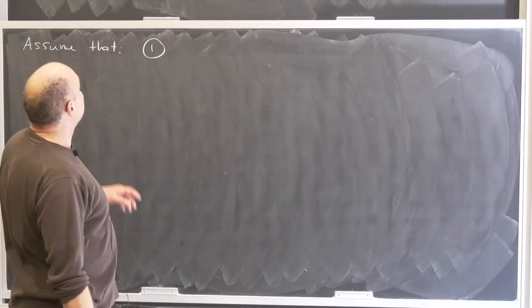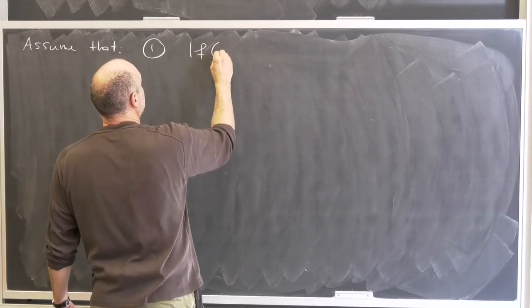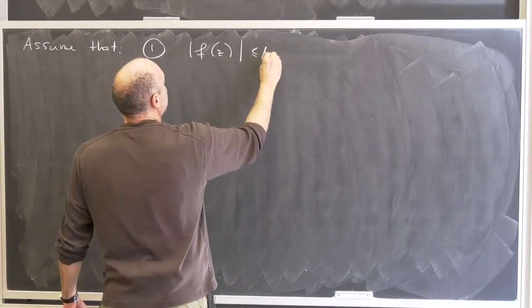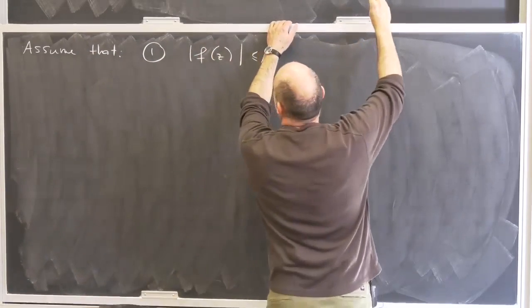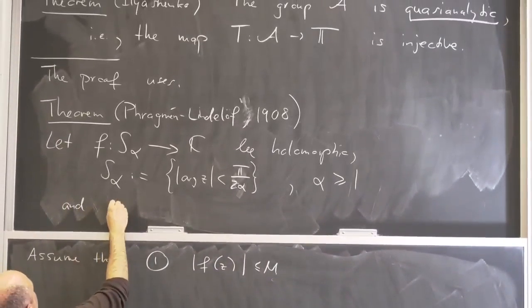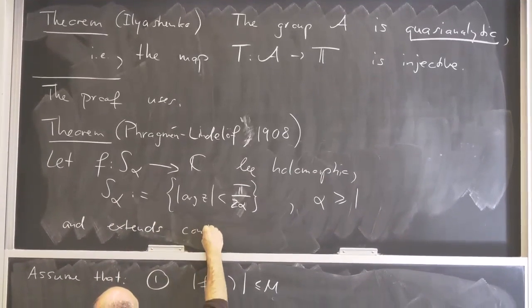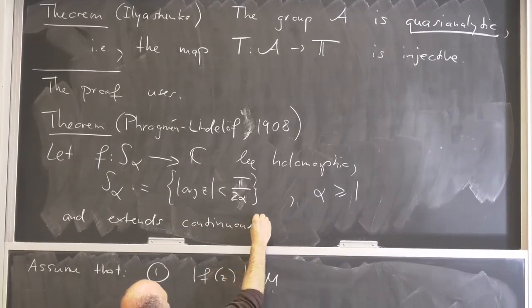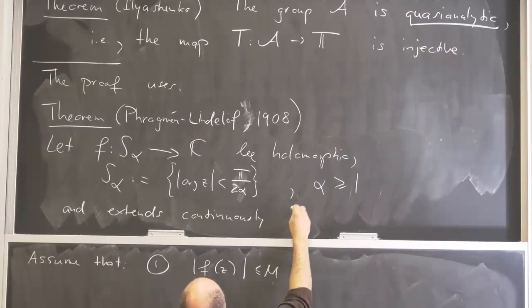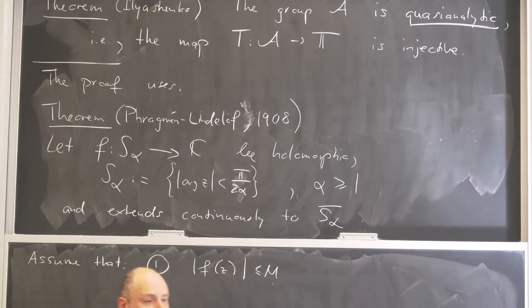So first of all, we assume that the function is holomorphic and extends continuously to the boundary, similar to the maximum modulus principle, including the origin. Yes, including the origin.